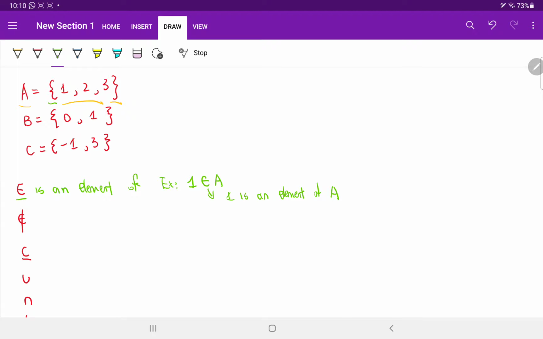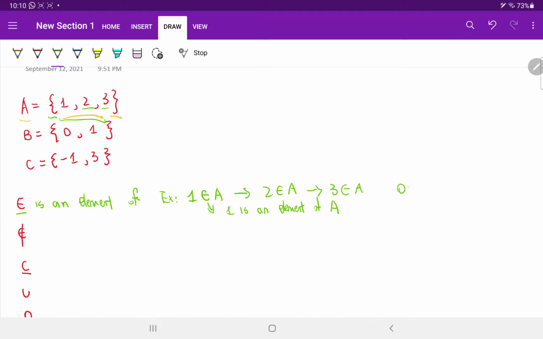There's also 2 is an element of A, because 2 is in the set. And 3 is also an element of A, but not 4, because 4 is not included in this whole set, right? There could also be 0 is an element of B, so it will be something like this. 0 is an element of B. That's quite simple.